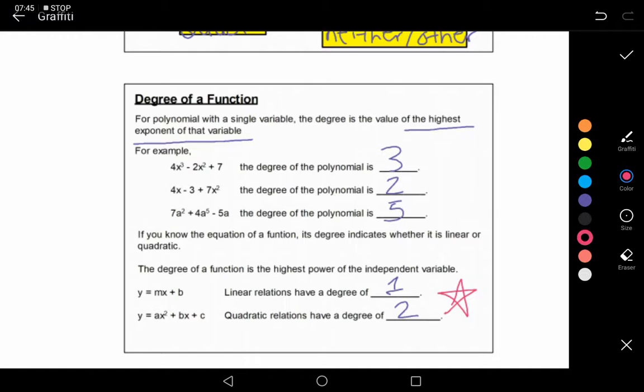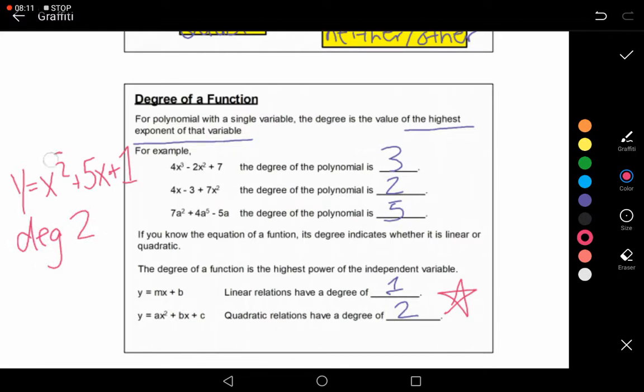So you might be given, for example, y equals x squared plus 5x plus 1. And the question might ask you, is this a linear or a quadratic relation? We know that the degree here is 2, right?